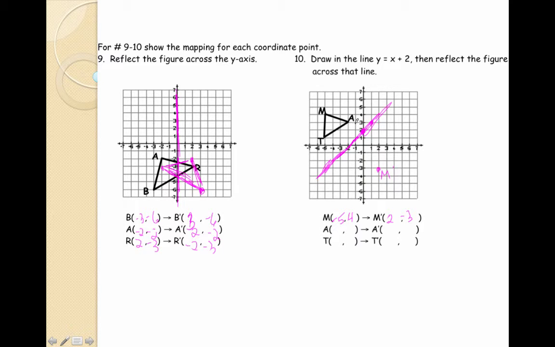A, I would go 1, 2, 3 to hit the line, so 1, 2, 3 down. A prime. So A's -2, 3, and A prime is 1, 0.